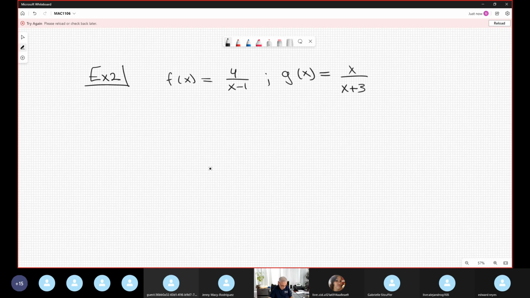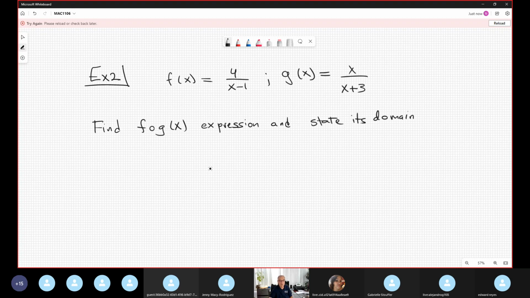Well, little by little, the goal is: find the f composition g expression and also state its domain.